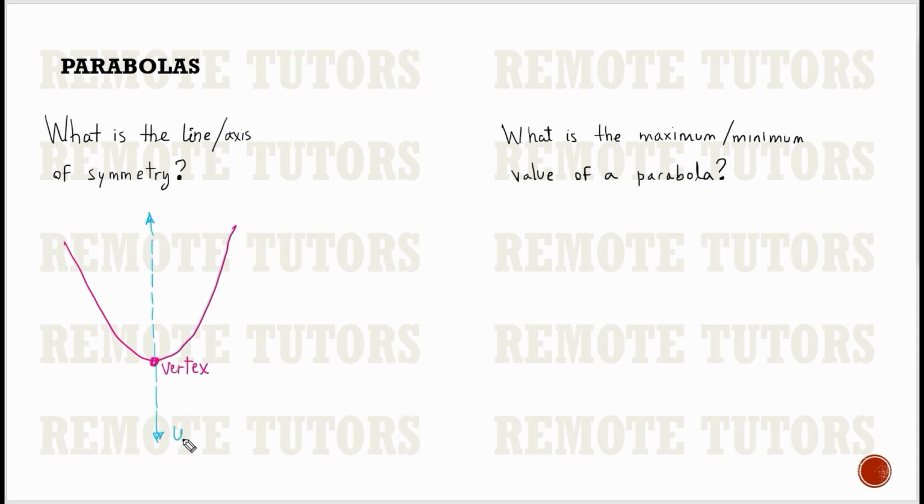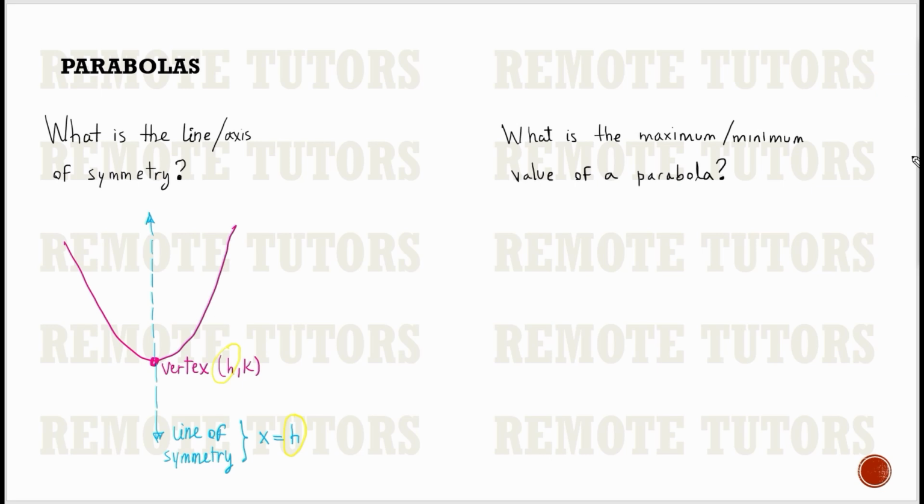That is known as the line of symmetry or axis of symmetry. And if the vertex is at point (h, k), the equation of the line of symmetry is x equals h. So when you find the x coordinate of the vertex, you already have the equation of the line of symmetry.